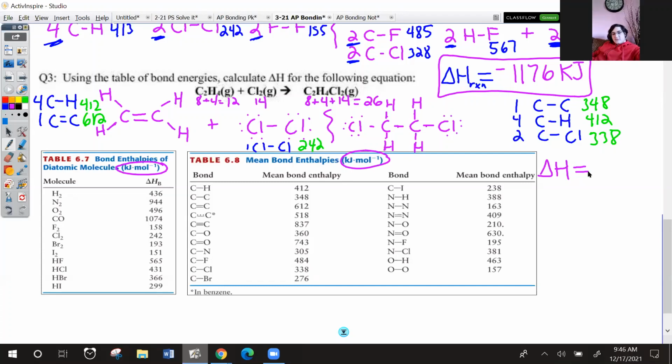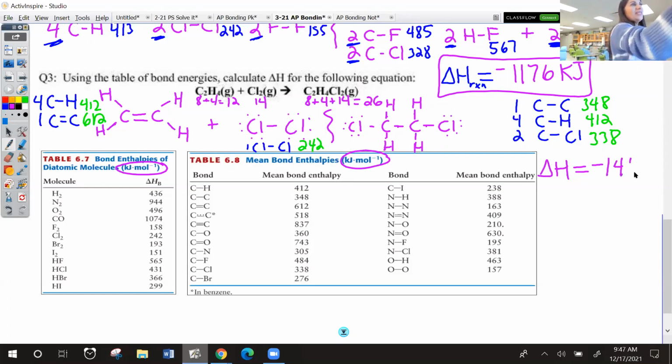That's what I got. Negative 170? Oh, I missed a bond. My bad. No problem. Is that what we're getting? Because I have a different answer written down, but maybe I got negative 170. I got negative 148. Yeah, that's what I got. I got negative 148 kilojoules.